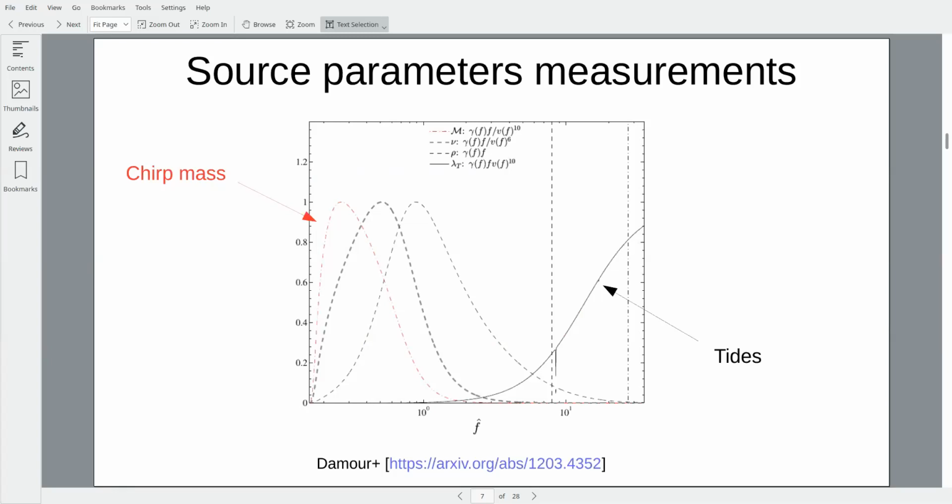So in this game, something that one has to take into account and always think about is at which frequency a certain parameter is measured. The curve in this plot is perhaps technical, but it precisely indicates where the information is for different parameters. You see that chirp mass, for example, is measured at very, very low frequencies, whereas tides are measured at higher frequency, and you might expect this because tides are short-range interactions.